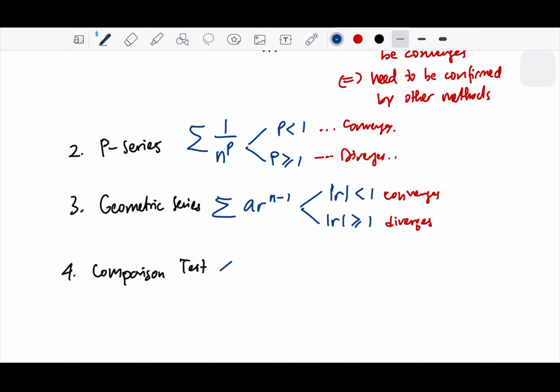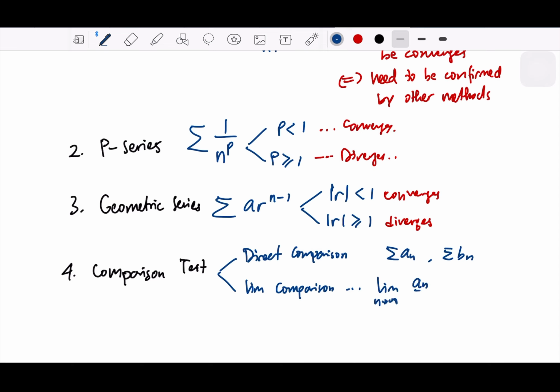You can have the direct comparison test or use the limit comparison test. You define a series of a sub n and a series of b sub n, and then check the limit of a sub n over b sub n. It should be a positive number, so that the series both converge or both diverge.